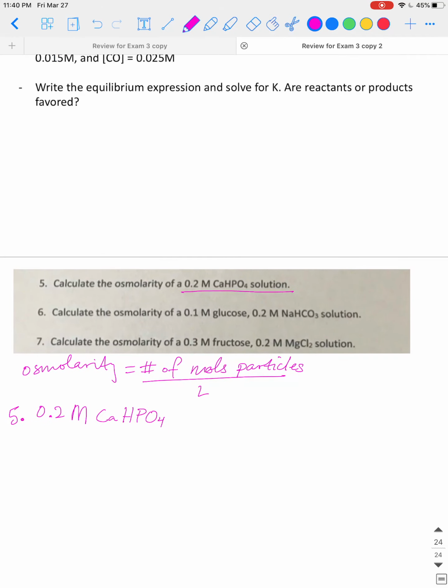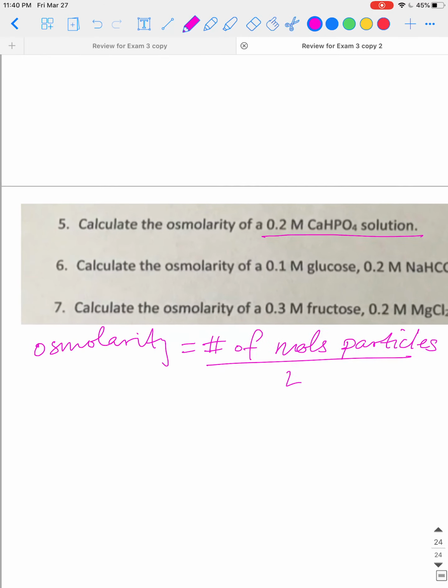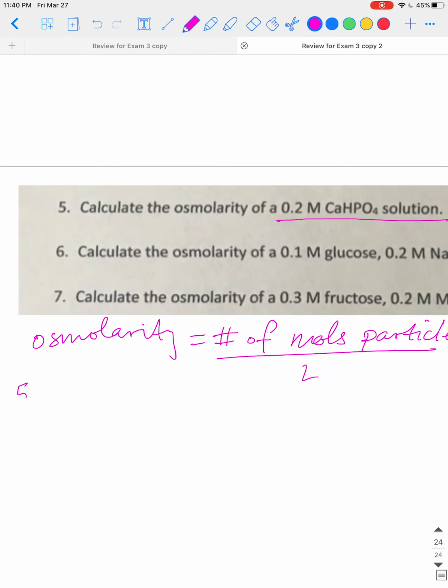So remember, when you're doing osmolarity, you have to ask yourself, do I have a compound on my hands that is ionic and will dissolve into ions, or is it covalent? If it is covalent, it will not dissolve into ions, and the molecule itself is the smallest particle we'll get. And I'm realizing I need to write smaller because we have 3 problems to do here. So let me zoom in.